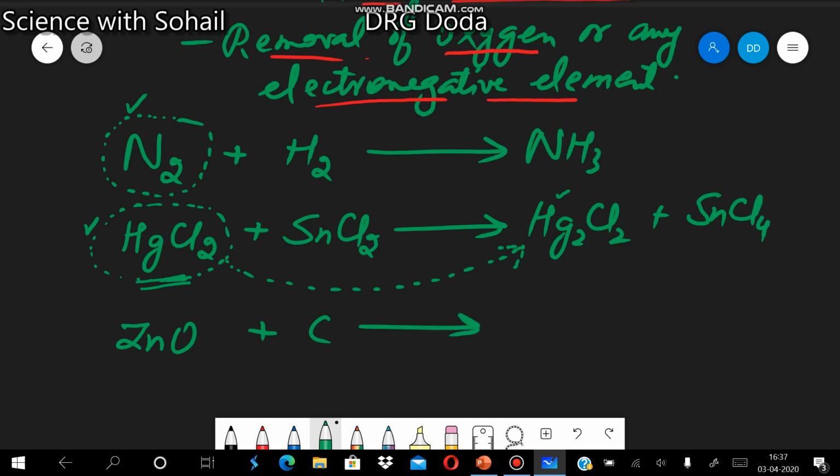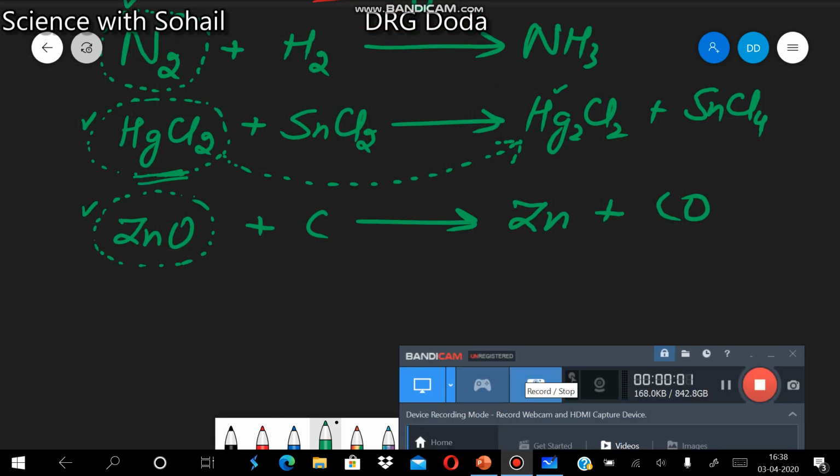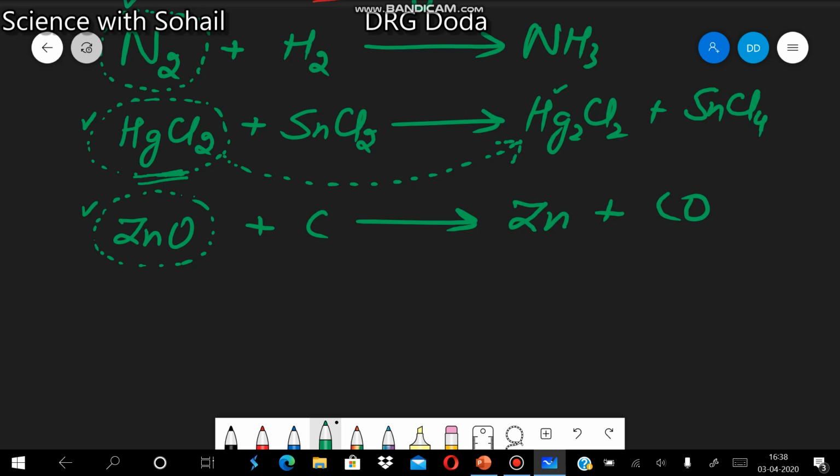Now in another example, zinc oxide reacts with carbon to form zinc and carbon monoxide. Now see, in this case, zinc oxide is losing an atom of oxygen. So removal of oxygen is taking place. Removal of oxygen is called reduction.